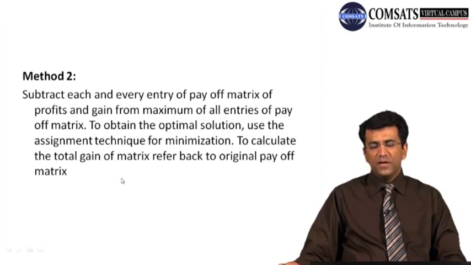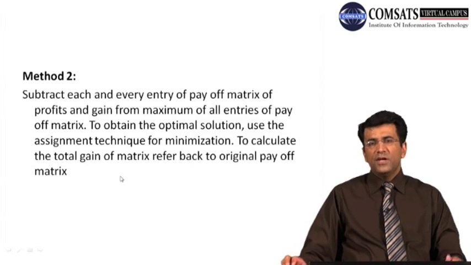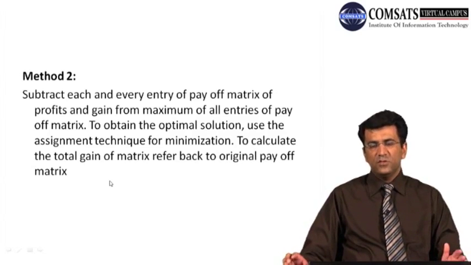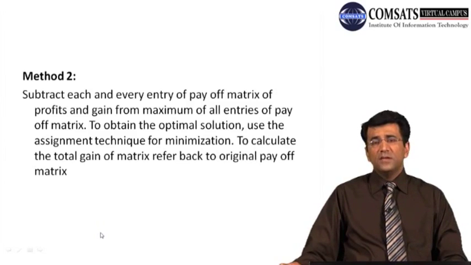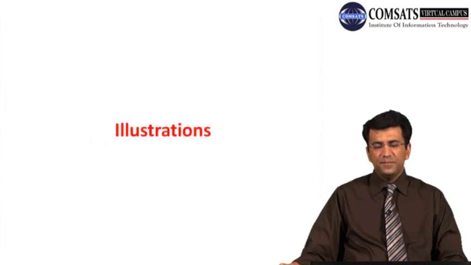For finding the maximum profit, we will have to refer to the original matrix where the profit margin or the gains for the different assignments to the different machines or jobs is given. So class, if you are interested in maximization problems for assignment methods, then these are the 2 methods which we can always follow to find the optimal assignment.